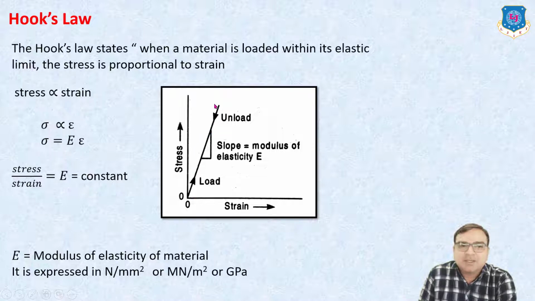So the graph up to the end of the linear behavior is known as elasticity, and Hooke's law is valid up to the elastic limit.